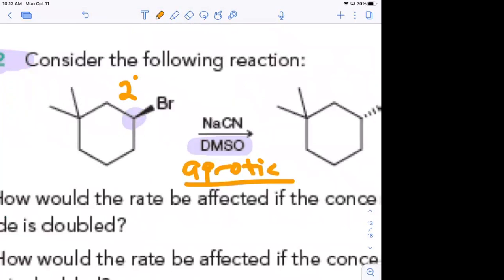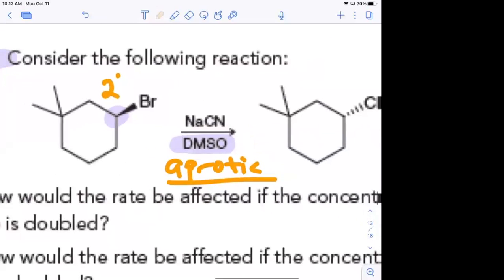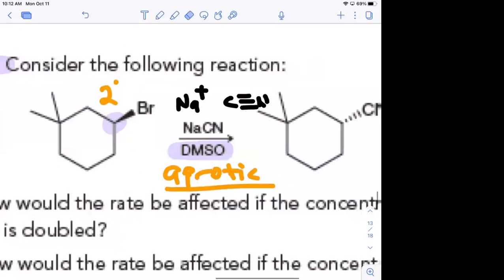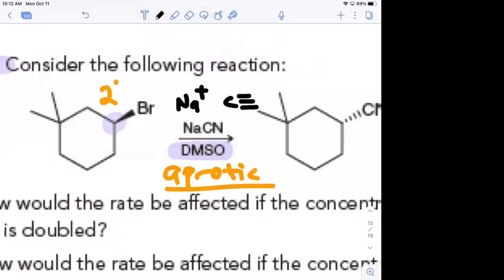Pretty good nucleophile, the cyanide nucleophile that looks like this. Let me draw that out. That is Na plus and then CN. Sorry about that. The carbon is negative. It's a good nucleophile.